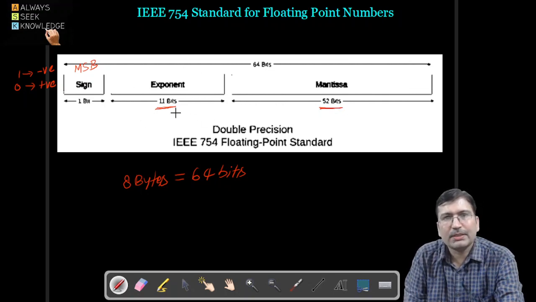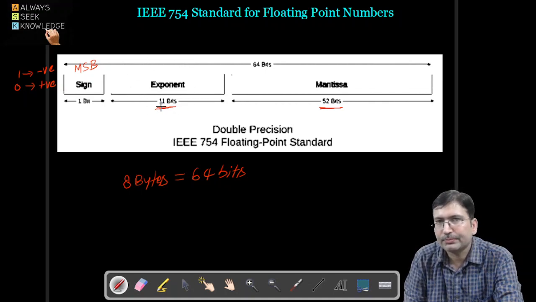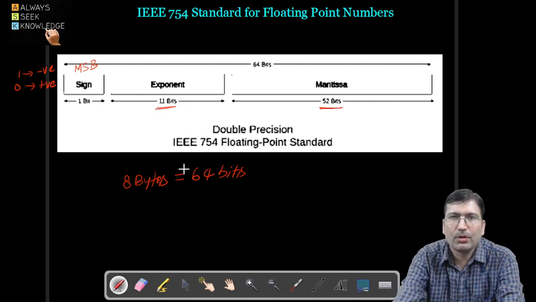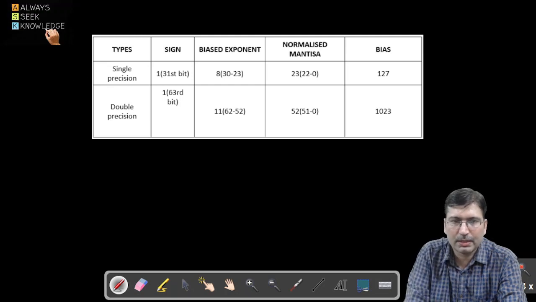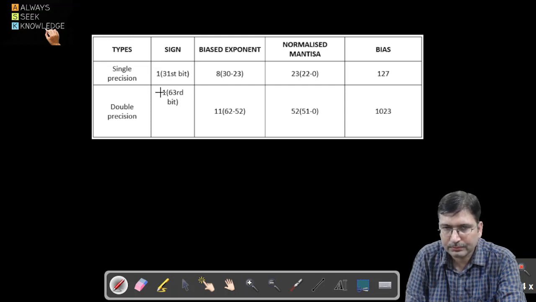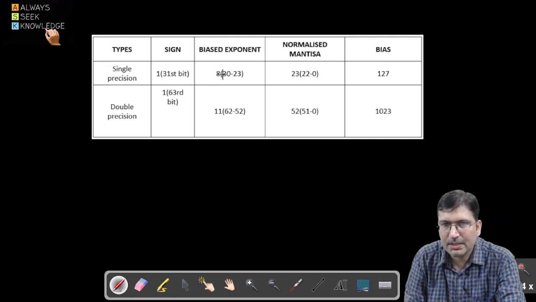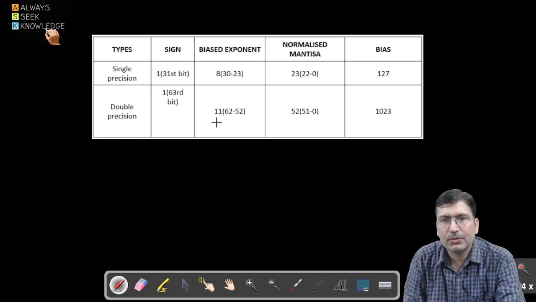In some cases, we store the exponent part by adding a bias to it. So let's talk about the bias. In both these formats, single precision and double precision, look at this table. We have 1 sign bit. In single precision, there are 8 bits to store the exponent, and in double precision, there are 11 bits to store the exponent.